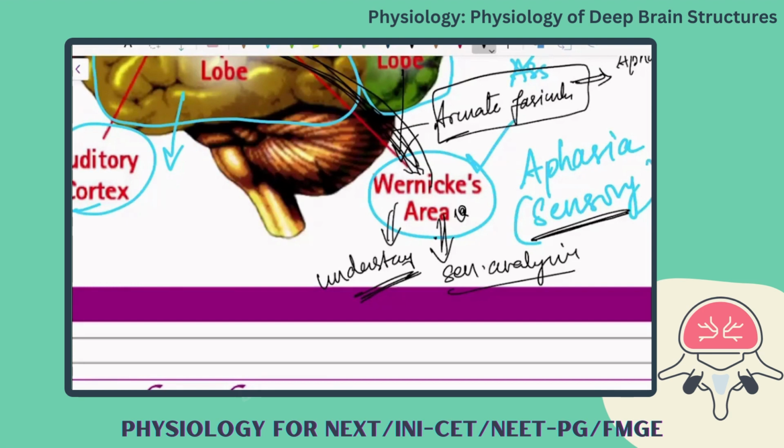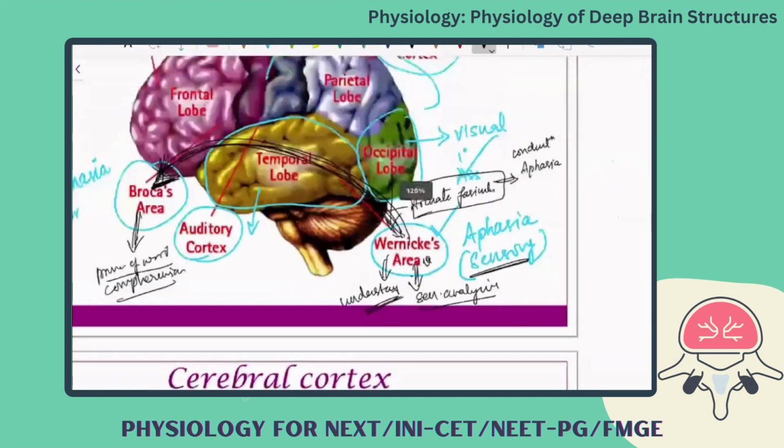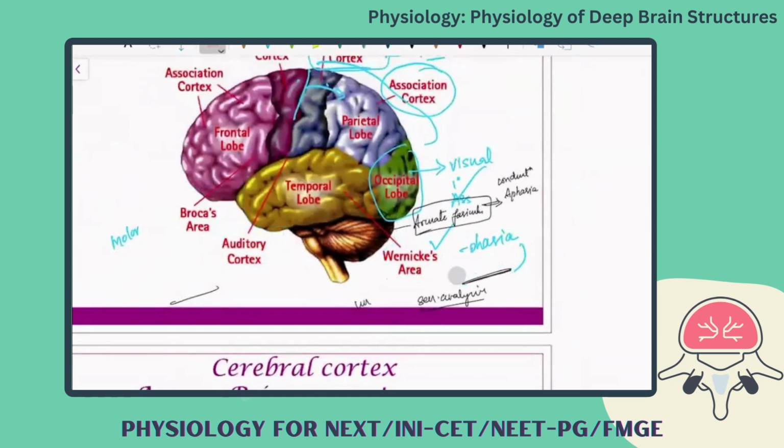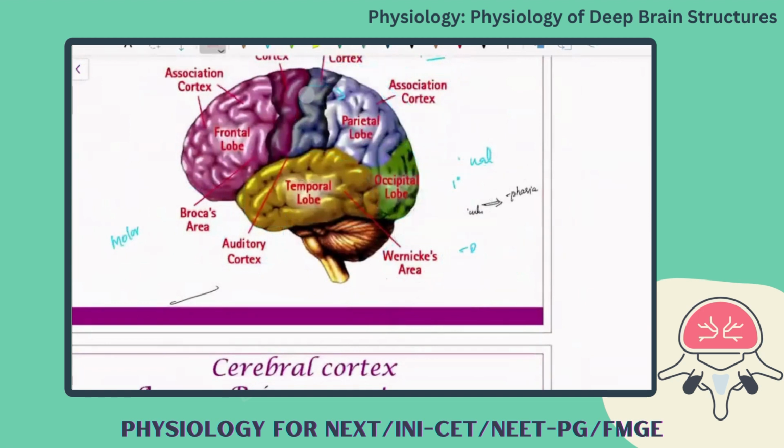Understanding is lost, but articulation is there. It means Broca's area is normal. Okay, clear? So that is called sensory aphasia and motor aphasia. That is how you will rule out the diagnosis in neurology with respect to the cortical structures.